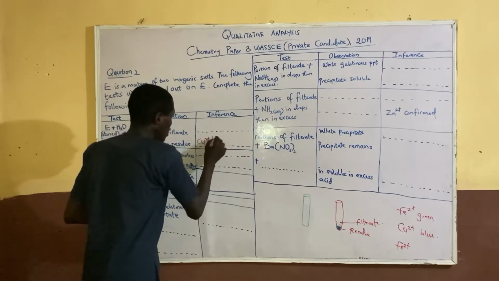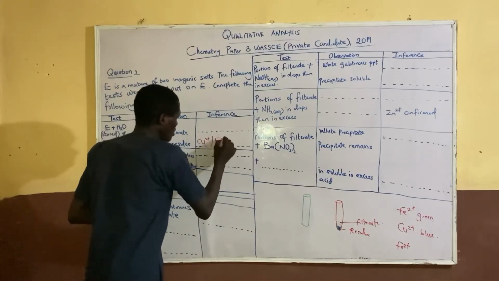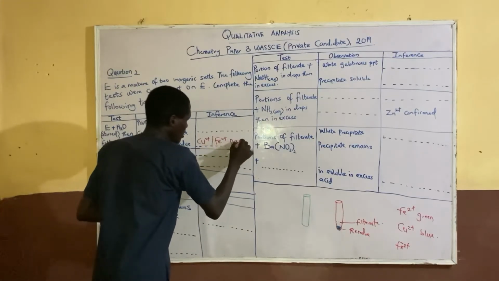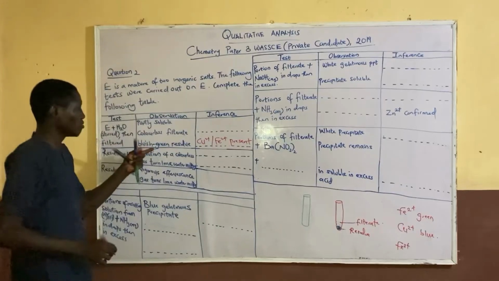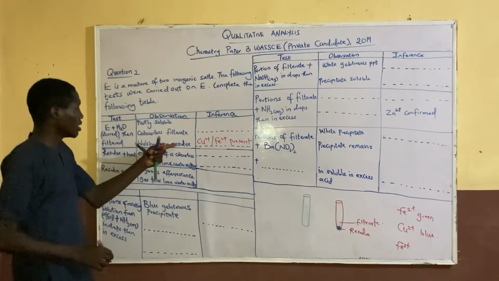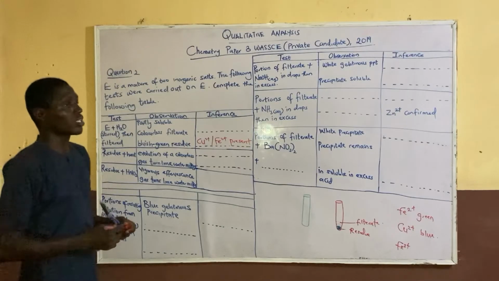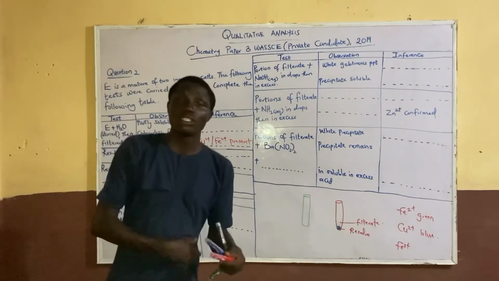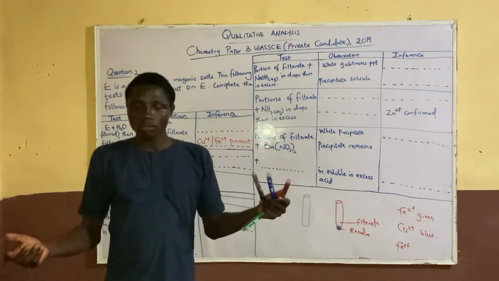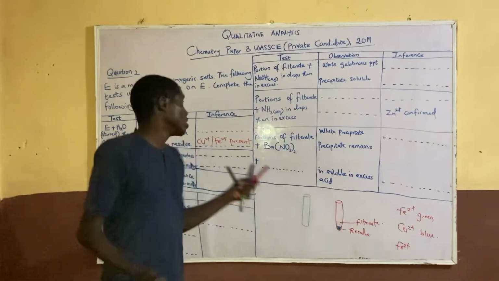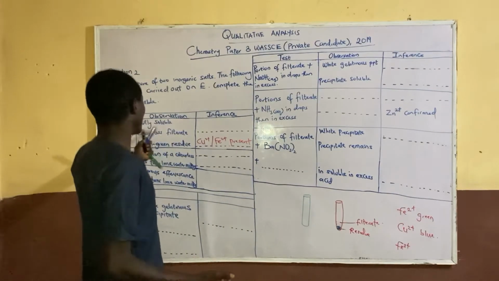Cu2+ or Fe2+ present. Why? Because this gives us bluish green residue and colorless filtrate. When I talk about colorless filtrate, you can just write that it is partly soluble.